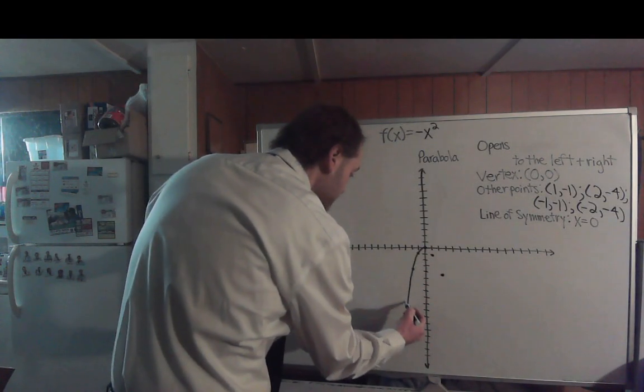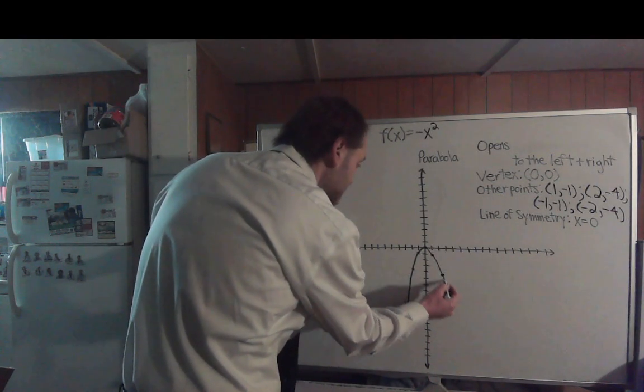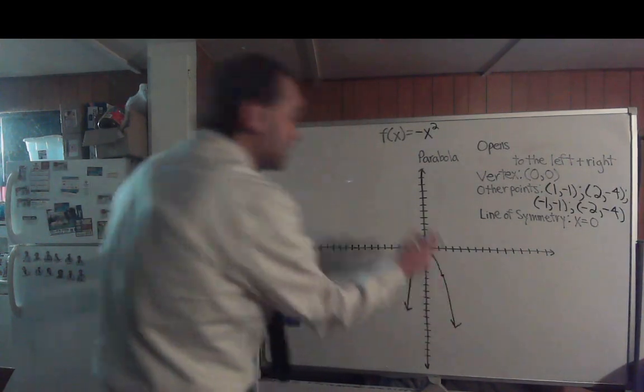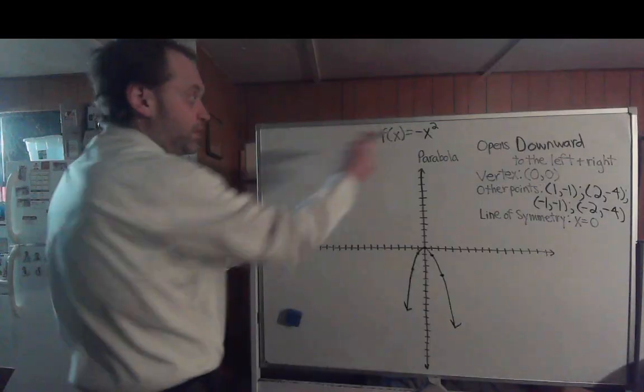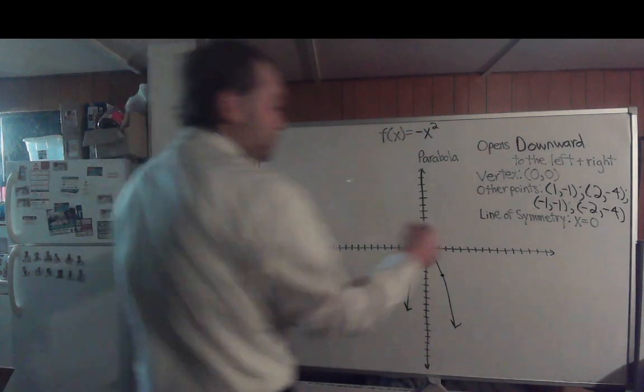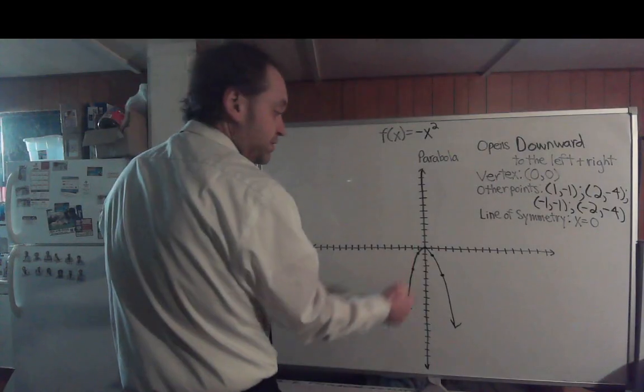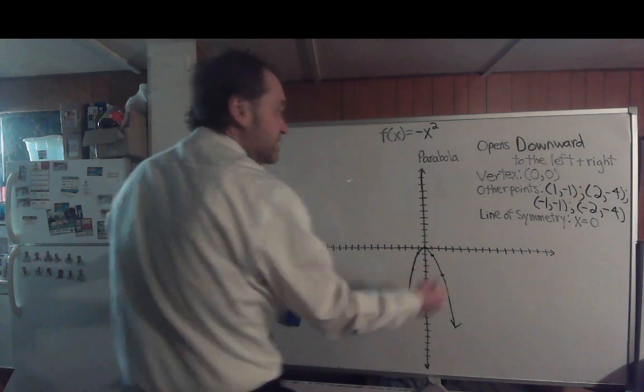So you're actually going to get the graph of it's still a parabola, but it opens downward this time. This one opens downward since you have a negative sign on the front of it. Now, if you go to either side of the vertex, it falls to both the left and the right side.